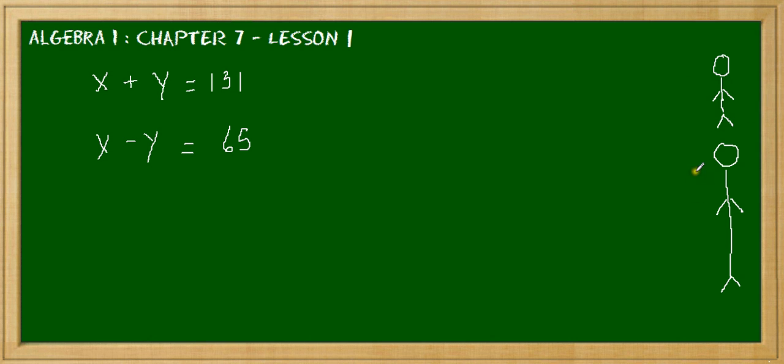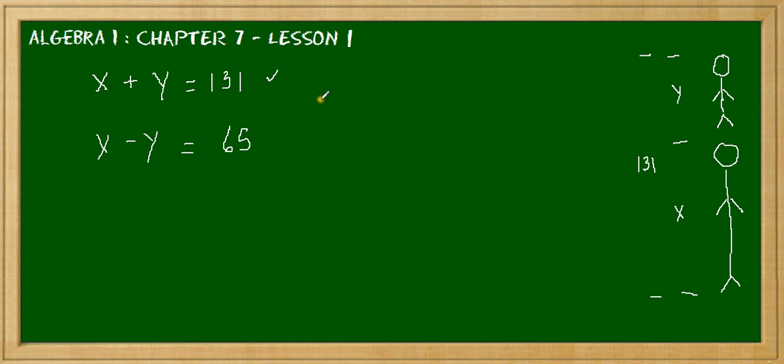And we know that the height of the first gentleman, the tall one, from here to here, let's say, is x. And from here to here represents the height of y. And we know that this is equal to 131. So you can see that x plus y is equal to 131, which is why we have this equation.